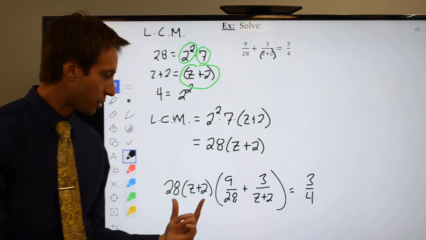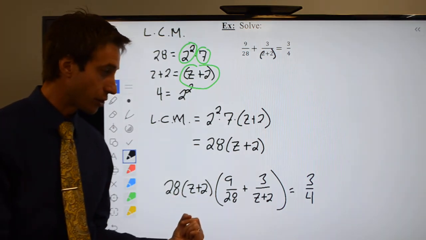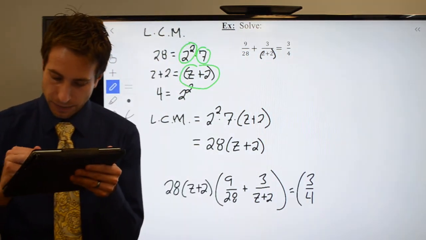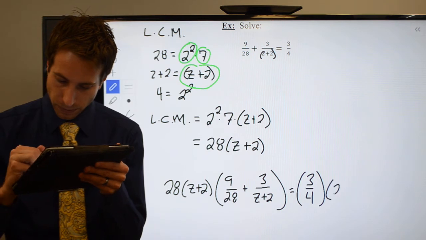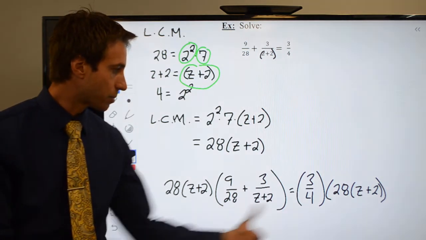Algebra says since I multiplied this side by 28 times (z plus 2), I have to multiply this side by 28 times (z plus 2). There we go. So I multiplied it by both sides.